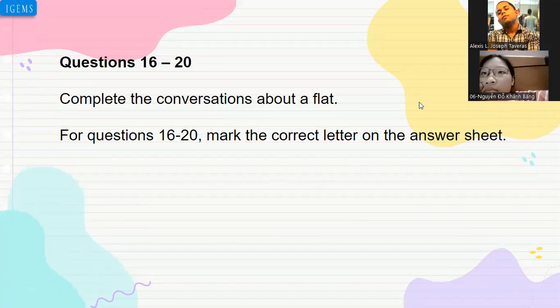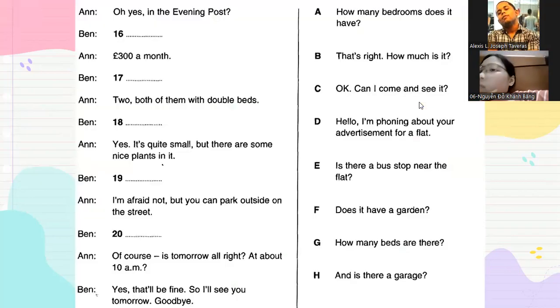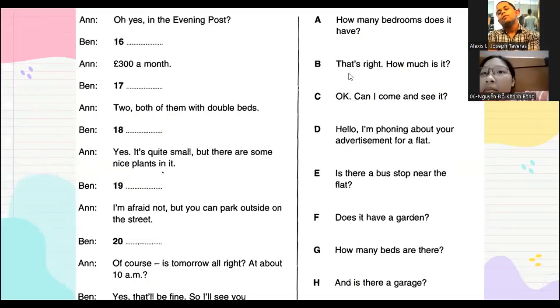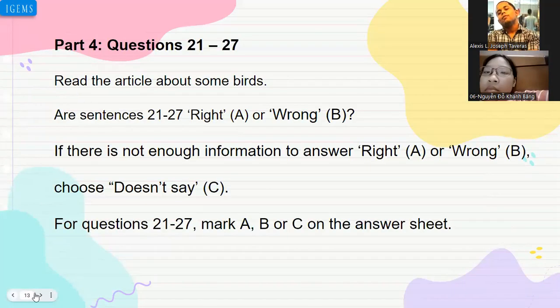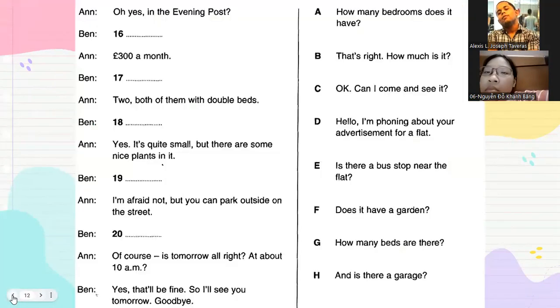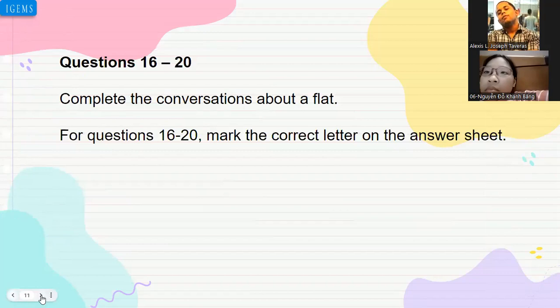Okay, look at this. Now I want you to mark the correct letter on the answer sheet. This is what we are going to do here. So we have phrases that we need to complete, all right? Let me show you. Look at that, Ben.